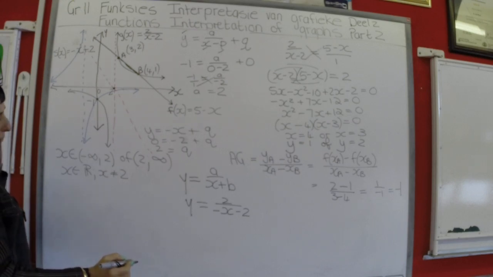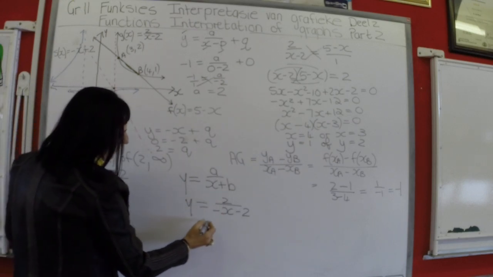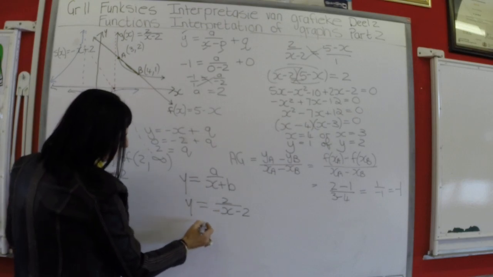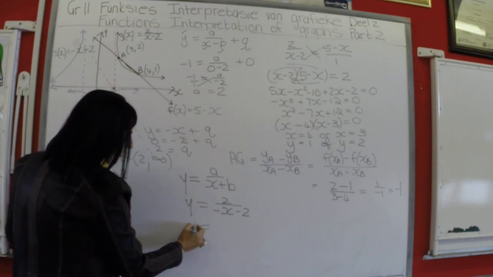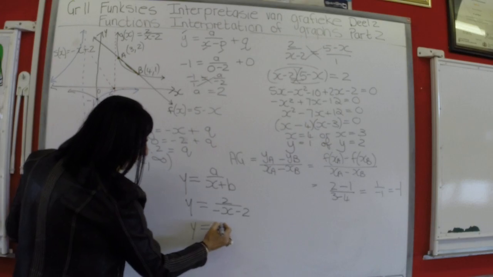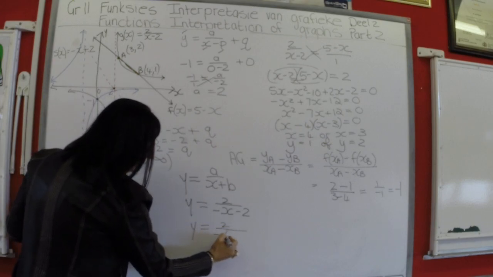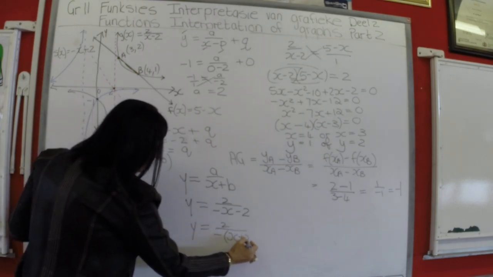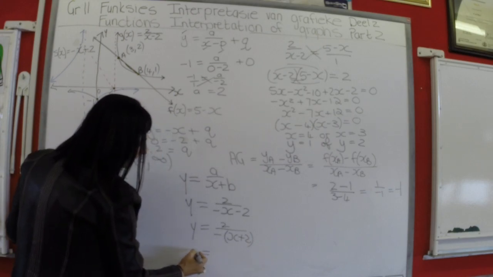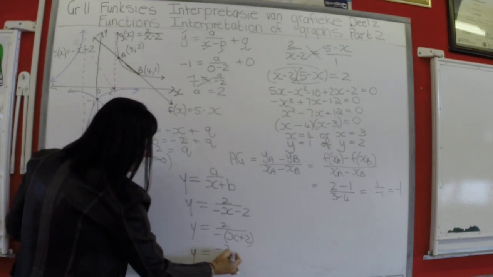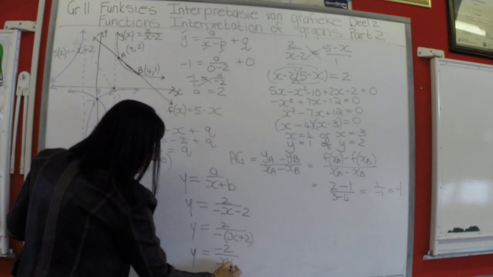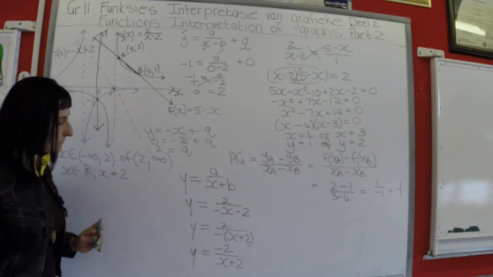If you want to move the minus upwards, you can do this. Just be careful. You can take out the minus, so it's going to be x plus 2 then. And then if you take it upwards, it's going to be minus 2 over x plus 2.